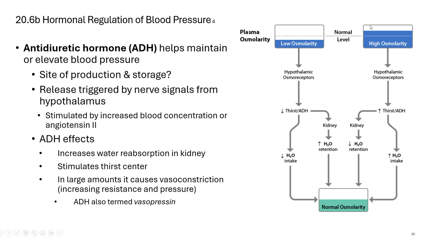So if you look at this graph over to the right, this essentially means the blood is more concentrated, right? There's more things in the blood, right? So it's stimulated by increased blood concentration or the angiotensin II that we talked about previously, right? So you release ADH. ADH is going to increase water intake through our thirst mechanism and decrease water excretion.